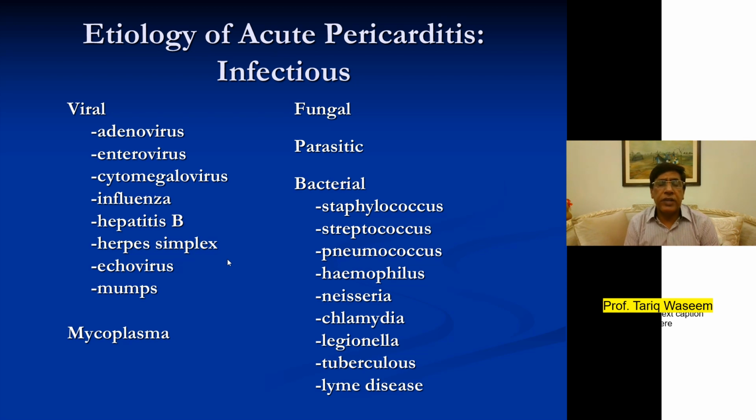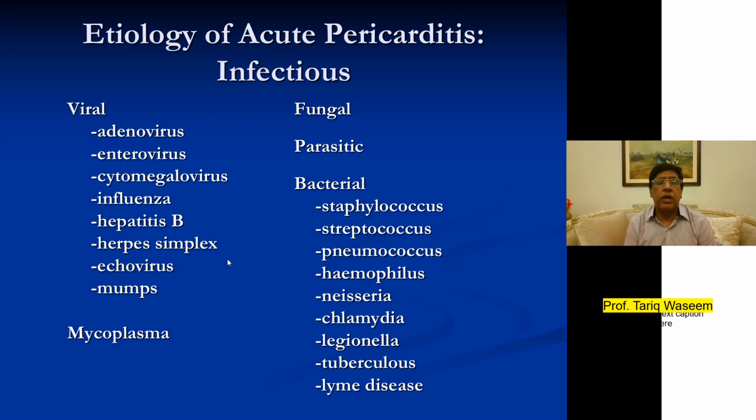When we talk of infections as etiology, the most common organisms which affect the pericardium are viruses. So a whole set of viruses like adenoviruses, cytomegaloviruses, particularly in patients with HIV, influenza, and mumps virus, can be associated with development of some kind of pericardial disease or pericardial effusion.